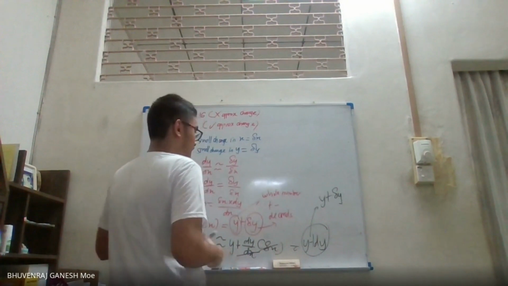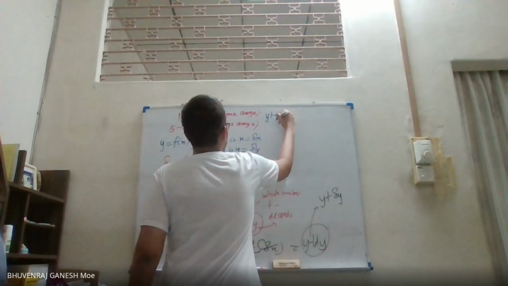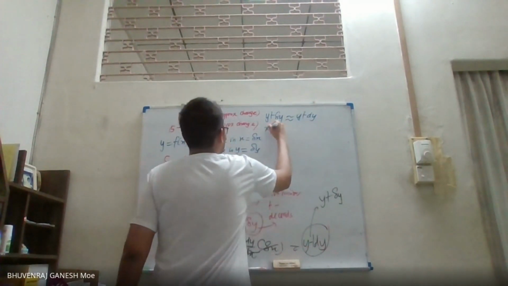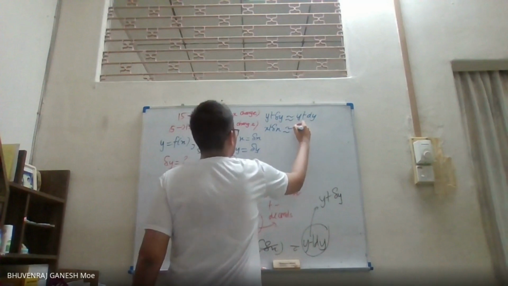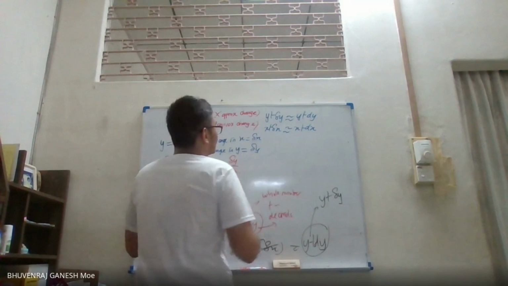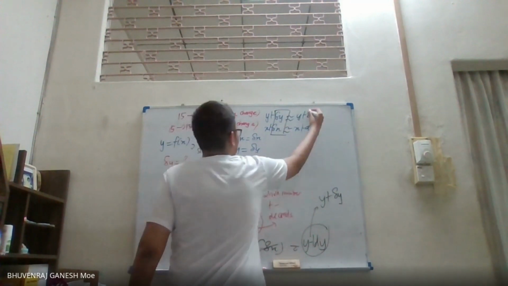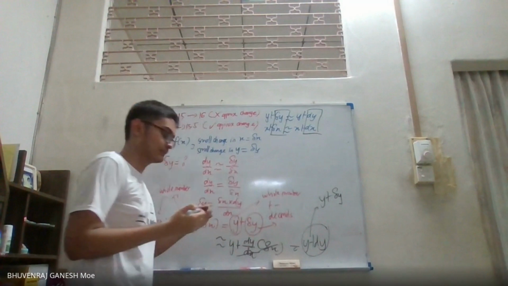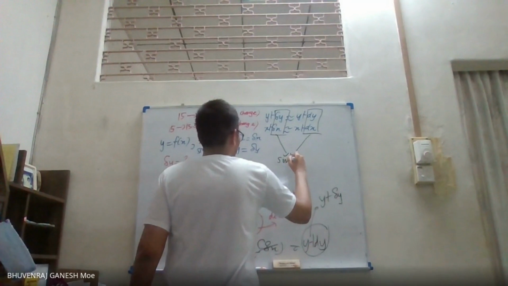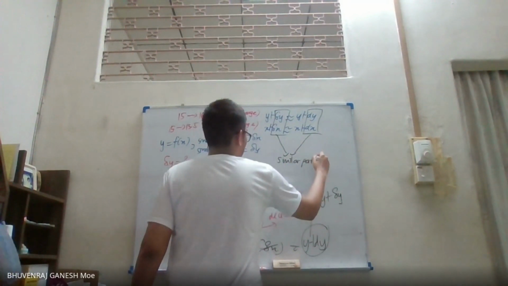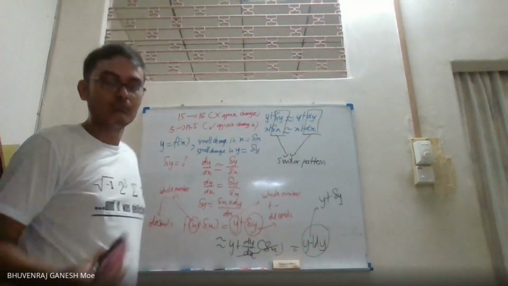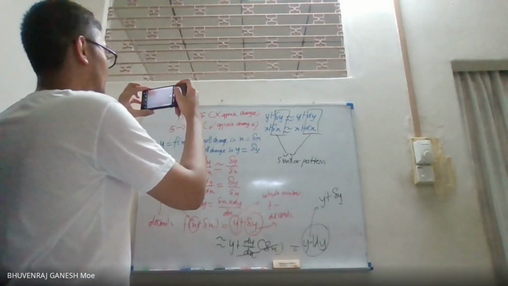So the conclusion is that y plus delta y is equivalent to y plus dy, and x plus delta x is equivalent to x plus dx. You can see the pattern over here, right? Delta y, delta x, and dy, dx are almost the same thing, a similar pattern. This is what you can notice from small changes and approximations.